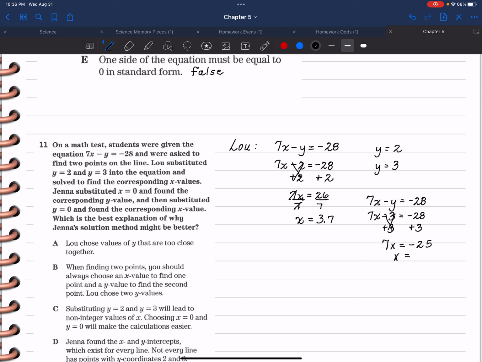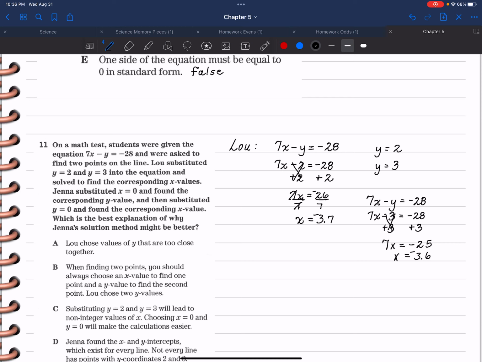So x equals, I lost my negative sign every time. 25 divided by 7 is about 3.6, and that is negative. So that was Lou's choice to solve the problem.